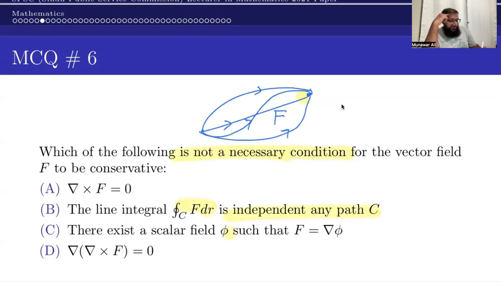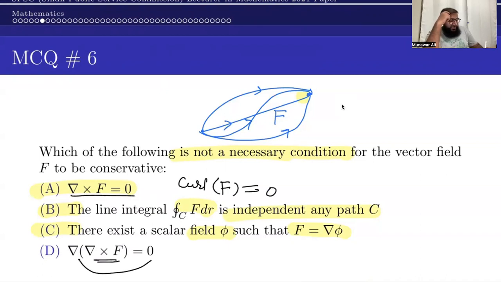So there exists a scalar phi such that this happens. These are necessary conditions. And this one is also. And this says that not the divergence, but the curl of f is 0 is a property. Similarly, if this is 0, then it implies that this is 0. So all these conditions are really ambiguous, so we cannot say anything.